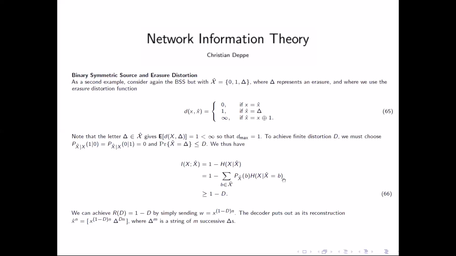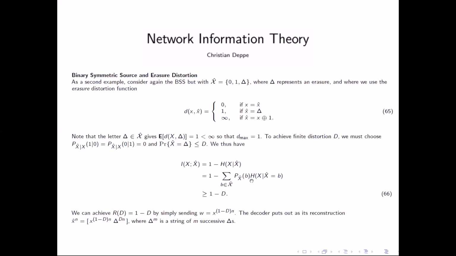But look at the cases if b is 0 or 1, because if we receive 0 or 1, then we know that in the original sequence there was a 0 or 1, because the probability that 0 is changed to 1 or 1 is changed to 0 is 0.